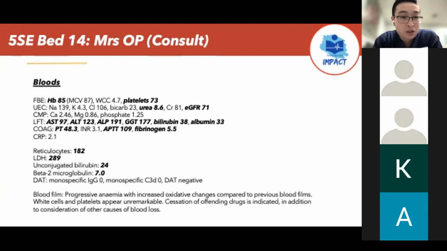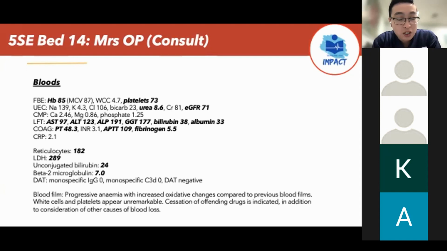And so dapsone-induced hemolytic anemia is more commonly seen in patients with G6PD deficiency. And G6PD deficiency is actually one of those things that can lie hidden until much later in life. And what we forgot to do in this patient was order a G6PD level prior to starting the patient on dapsone.